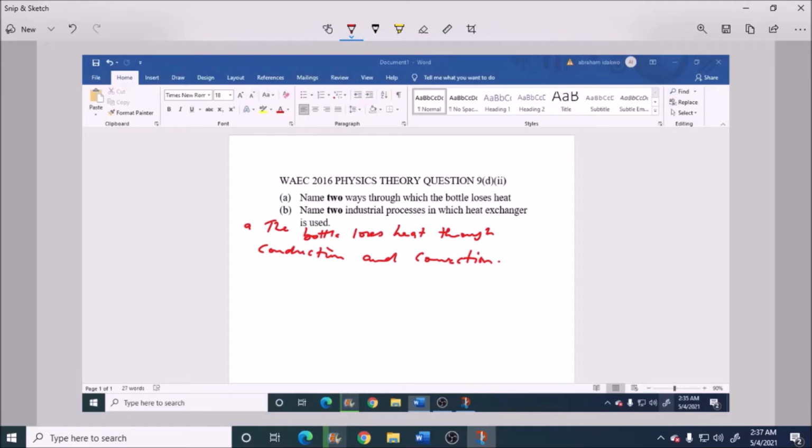Then the B part of the question says to name two industrial processes in which heat exchanger is used.